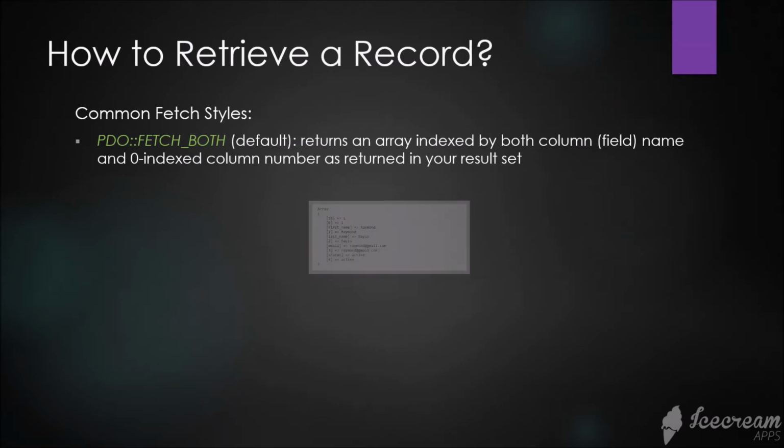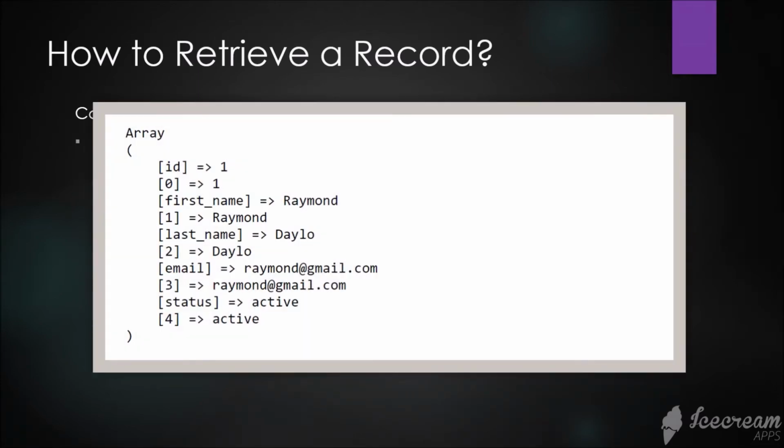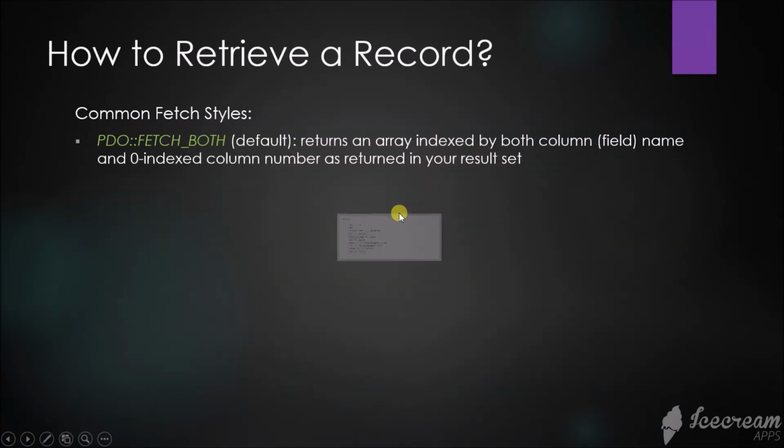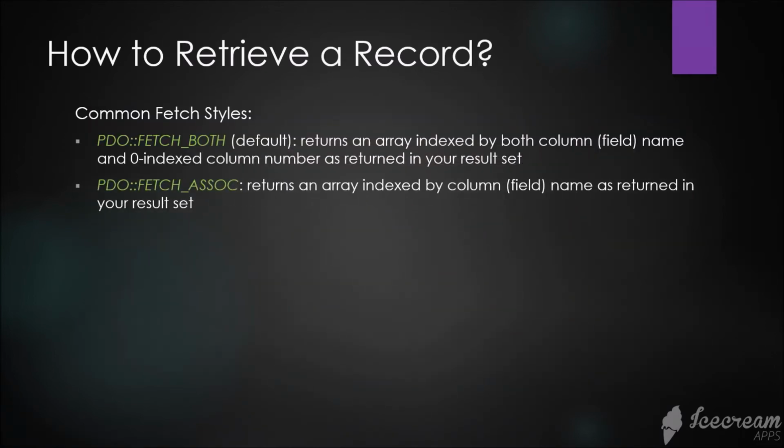set. Okay, so if we try to print_r the result, this is what we will see. The index is the string name, then the numeric or 0-indexed column numbers. Okay, then the second is PDO::FETCH_ASSOC.